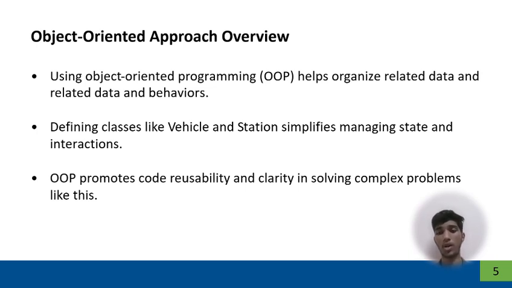Using object-oriented programming makes this problem easier to organize. We can model real-world components using classes. We can create a vehicle class to manage the journey. A station class represents each refueling station. Object-oriented programming provides clarity, reusability, and easy management of states like fuel level and distance traveled.